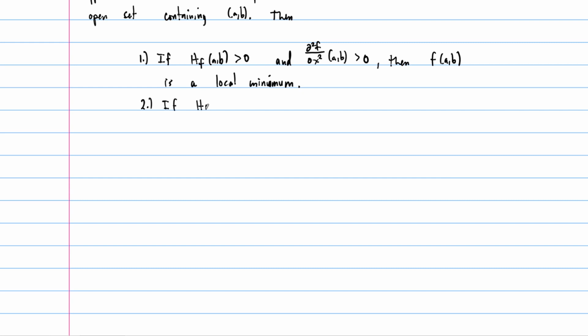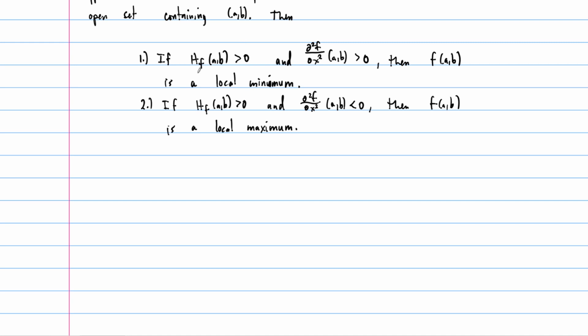So if our Hessian is positive and the second derivative in either coordinate direction, so this says x twice, but you could do y, if this is negative, then that means that our value is a local maximum.